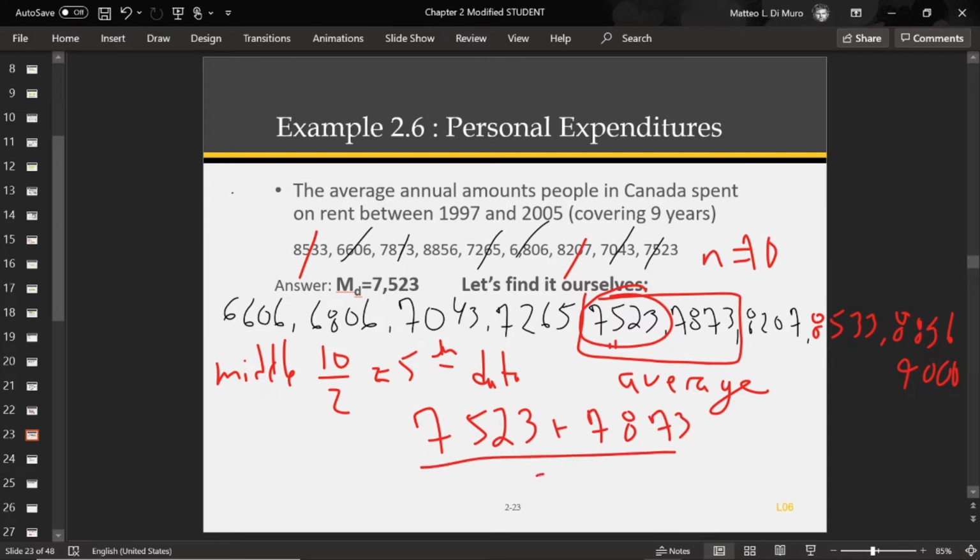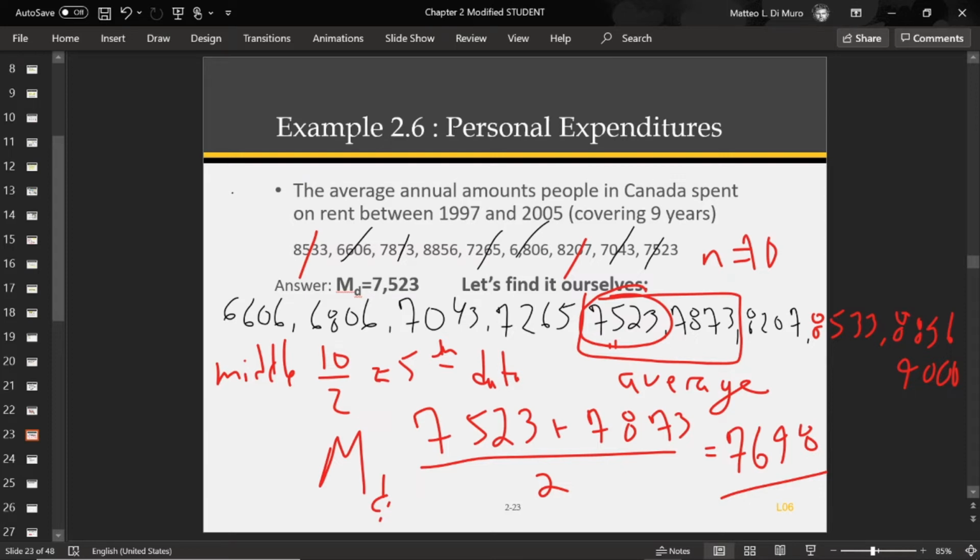There are 2 numbers, so divide by 2. I keep forgetting to write MD for middle. Sorry about that. And when you do that, you should get 7,698. When it's an even data set, your median is not actually part of the data set because you calculate it. If it's an odd data set, the median is part of the data set.